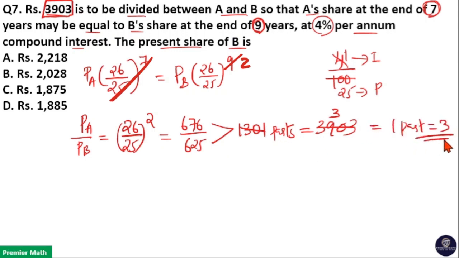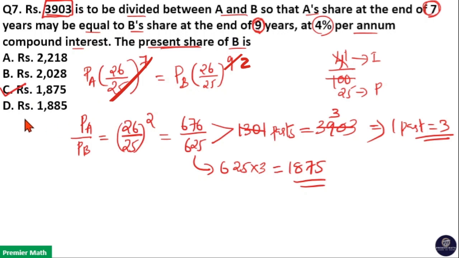That means, here we need to find the present share of B, which is equal to 625 parts. So, 625 parts will become 625 into 3. 600 into 3 is 1800. 25 into 3 is 75. So, 1875 is the answer. The present share of B is 1875. Option C is your answer.